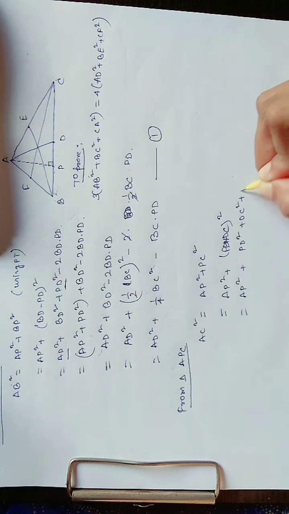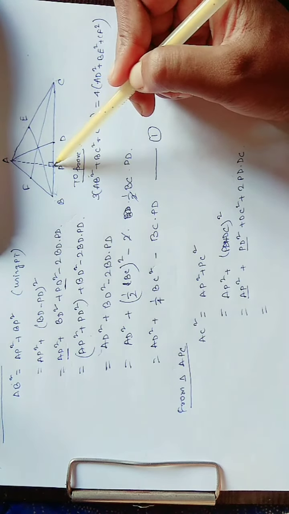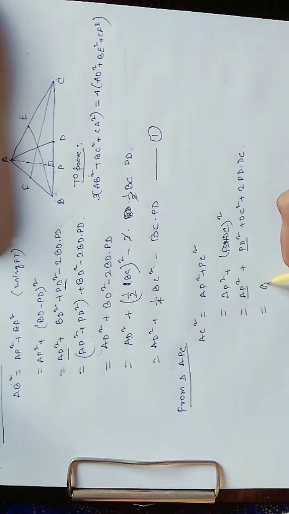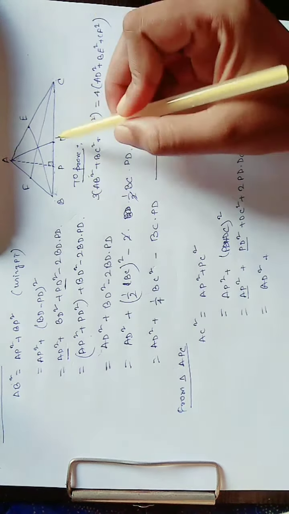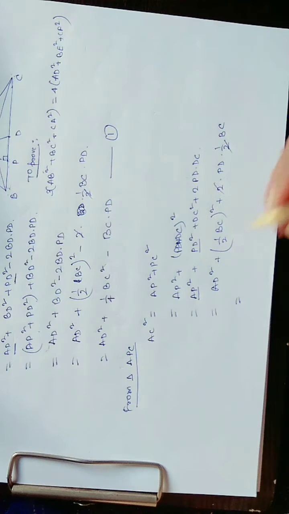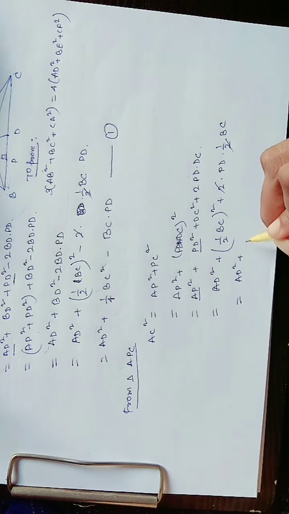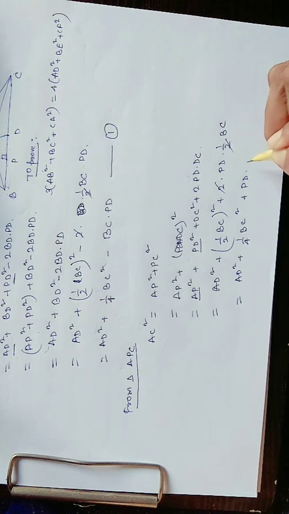Now bring these two terms together: AP square plus PD square equals AD square. So we can write AD square plus, DC as half of BC, so half of BC whole square plus 2PD dot half of BC. 2 cancels out, so you get AD square plus 1 by 4 BC square plus PD dot BC. So make it 2.